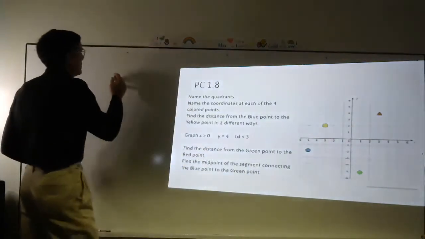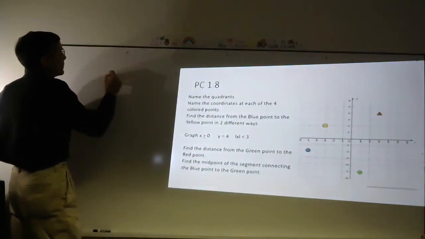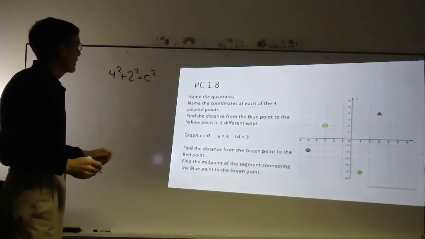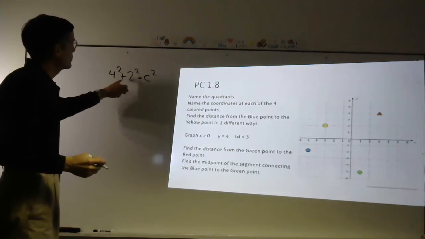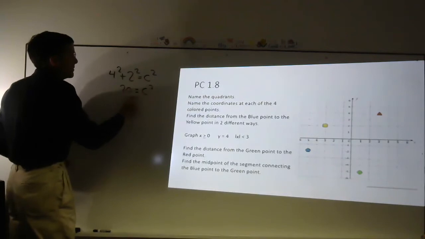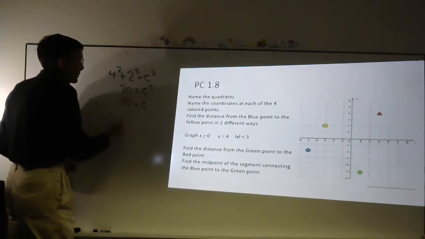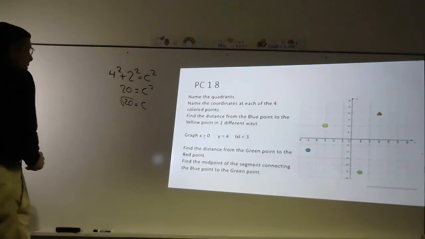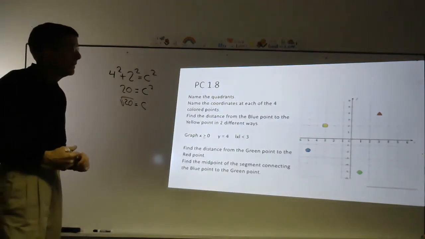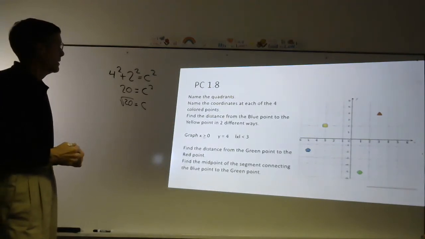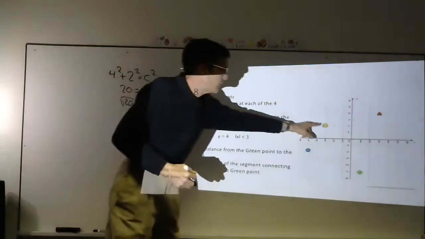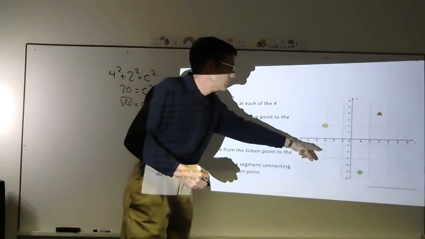So one way to do it is to do 4 squared plus 2 squared equals c squared, good old Pythagoras. Pythagorean theorem, 4 squared is 16, 2 squared is 4, c squared is 20, so c has to be root 20, okay? And you can find a decimal for that if you like. Now, the second way is to use the distance formula. Actually, what we did here, when we found the 4 was how much the y values changed.